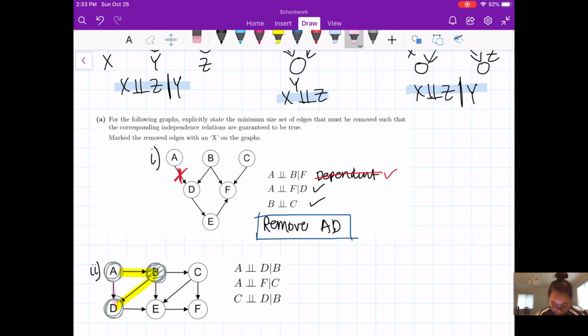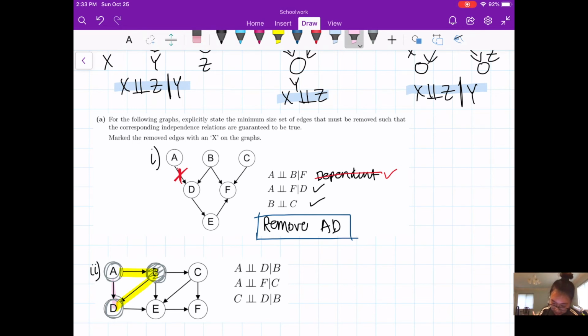Something I should maybe make clear from the previous example is that when we are looking for these inactive and active triples, we have to consider all possible paths between the two nodes whose independence we're testing. So if any of these paths don't have any inactive triples, then that is a problem and we need to adjust it in some way.